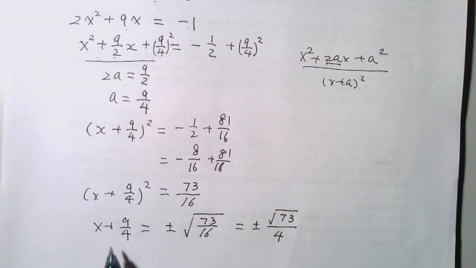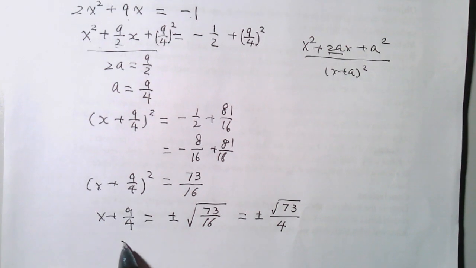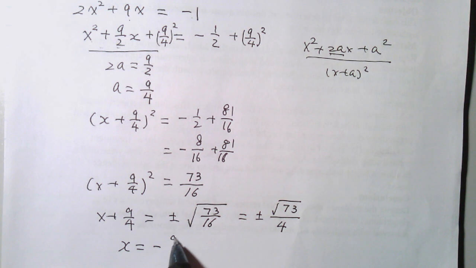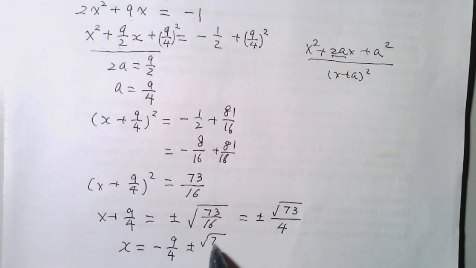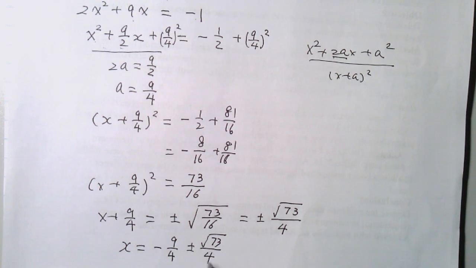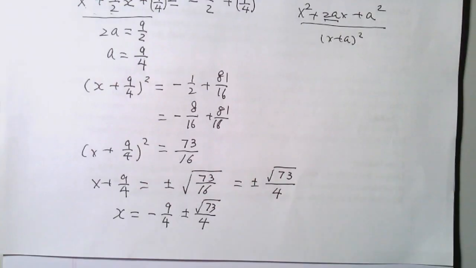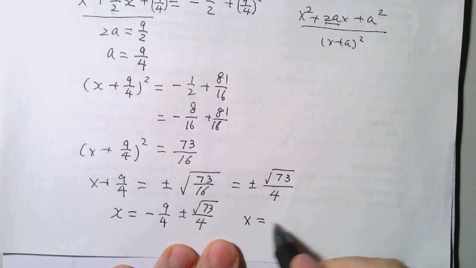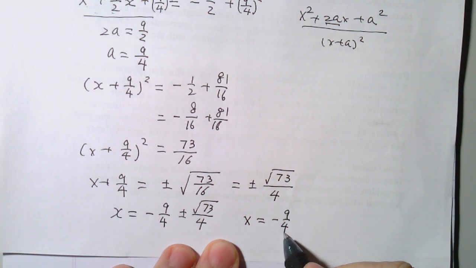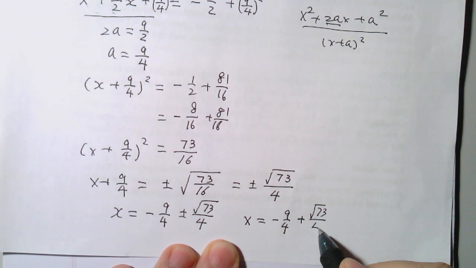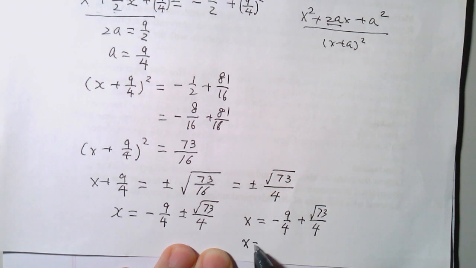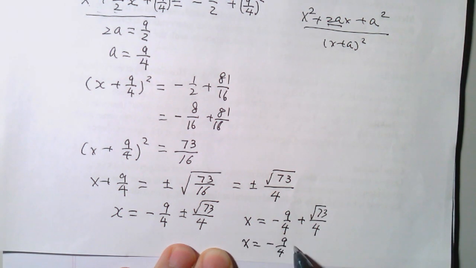Okay, finally, I subtract 9/4 from both sides. I have x equals negative 9/4 plus minus square root 73 divided by 4. Okay, so now my solution is x equals negative 9/4 plus square root 73 divided by 4, or you get x equals negative 9/4 minus square root 73 divided by 4.